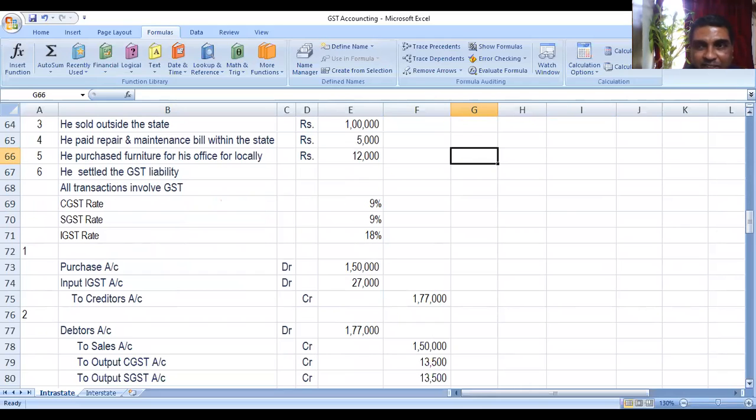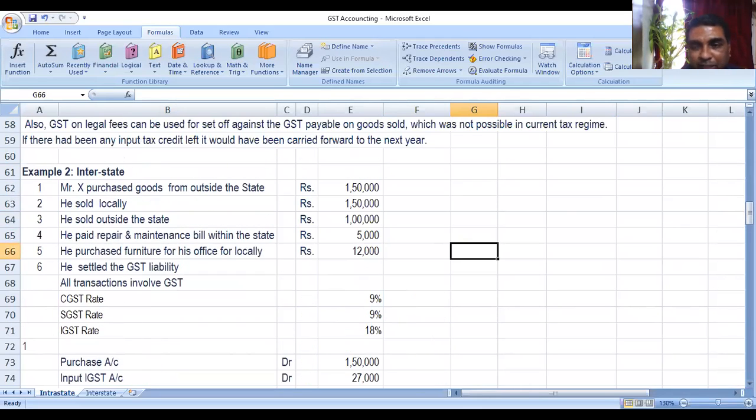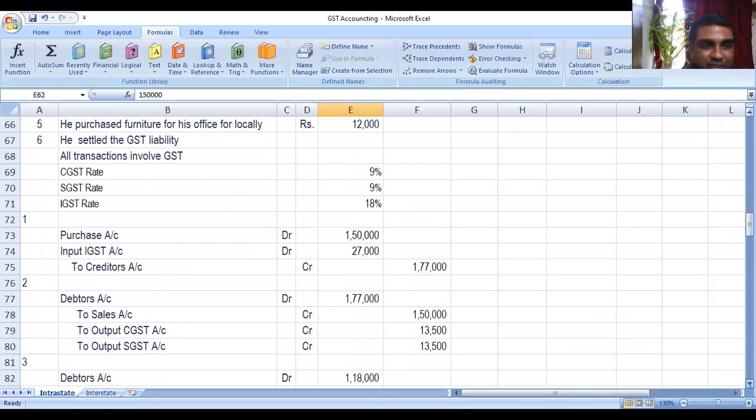So what is the first transaction? Purchase from outside the state. When something is purchased from outside the state, which GST will be levied? IGST. If it is IGST, now please tell me what is the entry? Purchase goods. Now all of you can make entries.